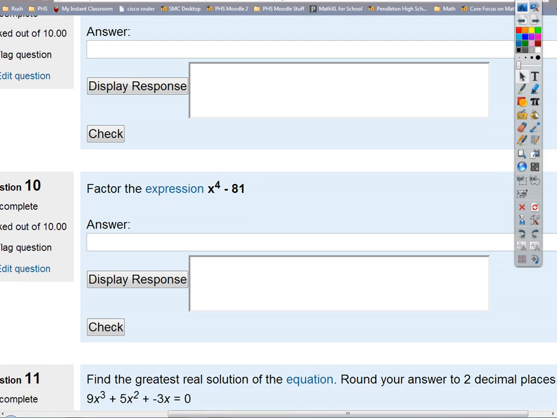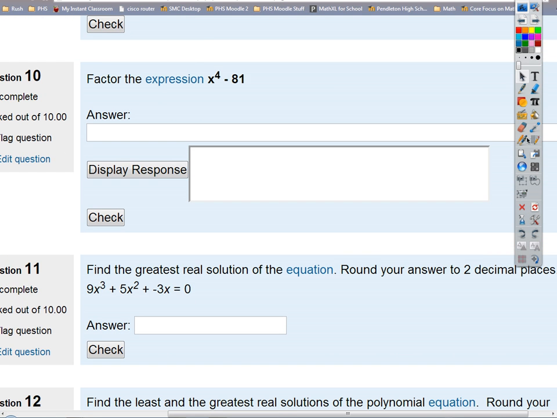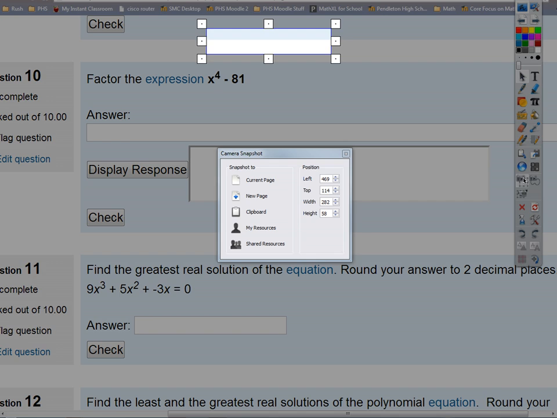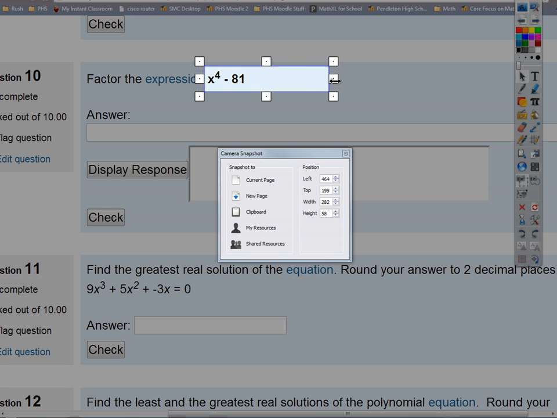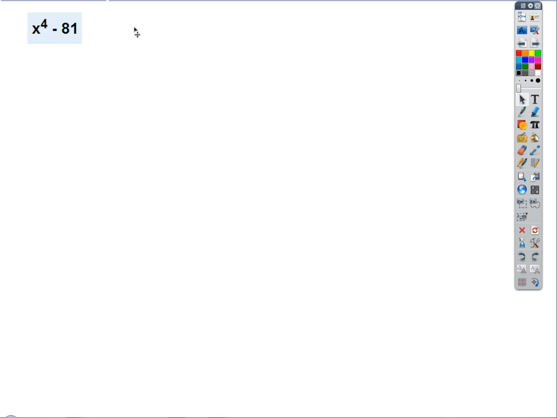Okay, how about this guy then? Now this one, it's only got 2 terms, so it's gotta fit a pattern, if at all, right? Well, what's the pattern that fits?